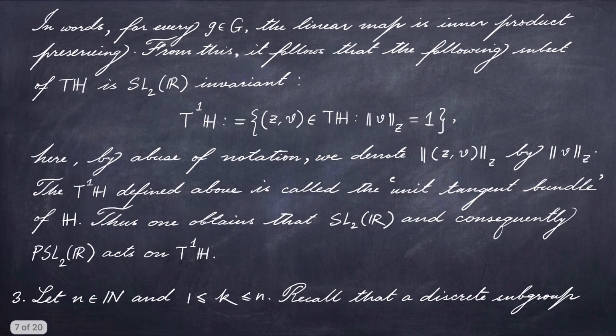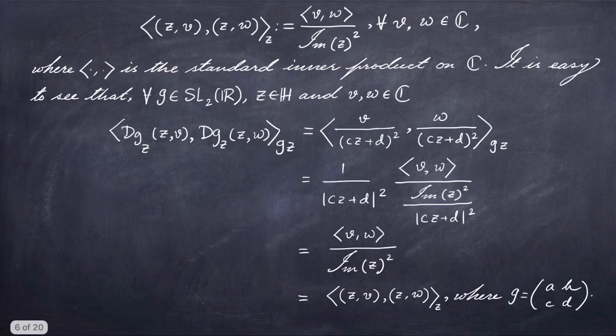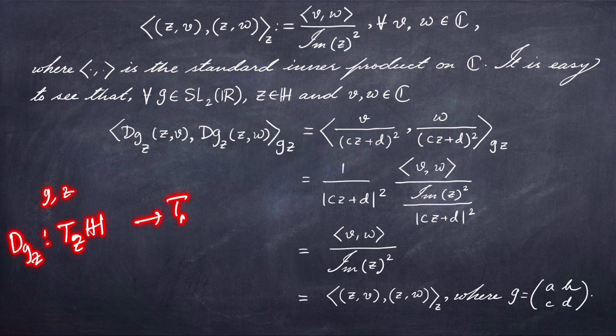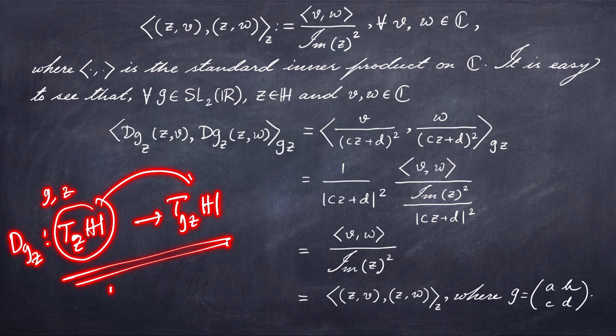Okay. So as a result, since this map is preserving the inner product, for any g and z the map dgz will therefore preserve the unit vectors, that is, the image of a unit vector here will be a unit vector here, okay.